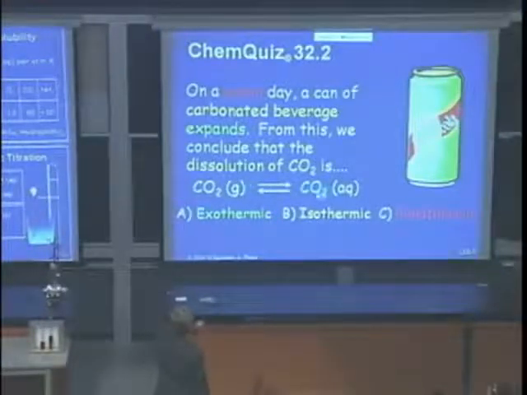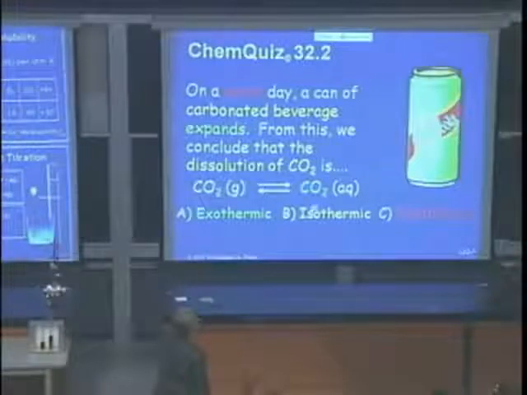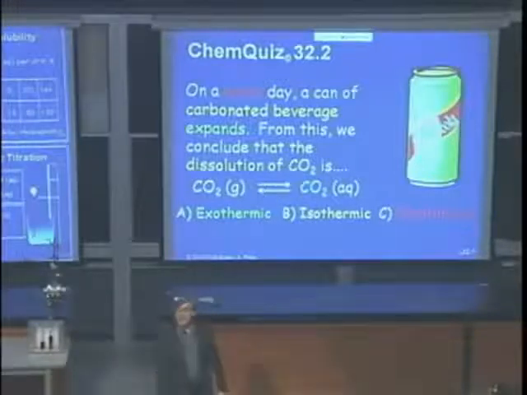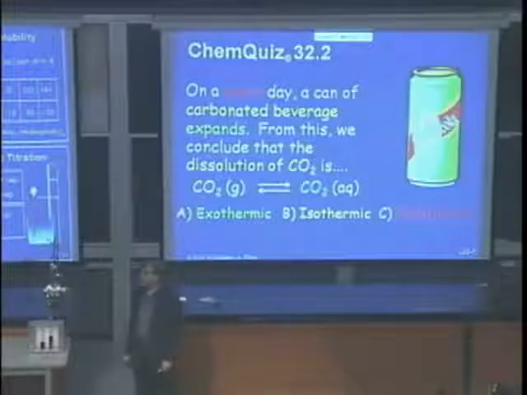I would put it over there, to more products. That means CO2 would go more into the aqueous phase, so the solubility would increase in the aqueous phase. Would that make the cans bulge? No, I don't think so either.